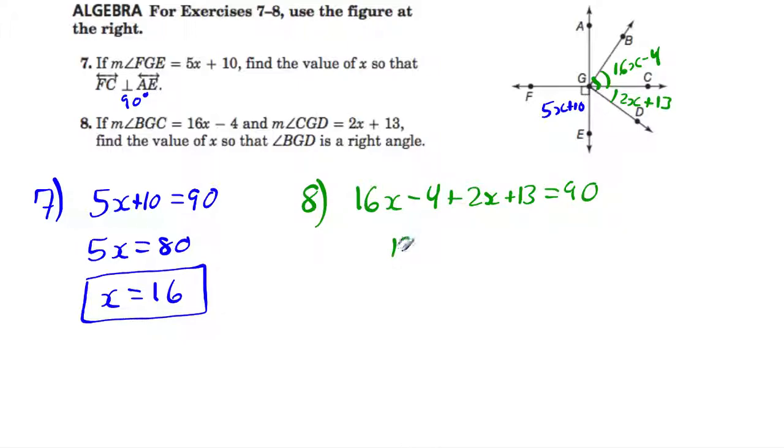So I combine my like terms. 16x plus 2x is 18x, and minus 4 plus 13 is plus 9. And then I can subtract 9 from both sides, so I get that 18x is equal to 81, which I'm not sure goes in evenly, but that's okay if I get a fraction.